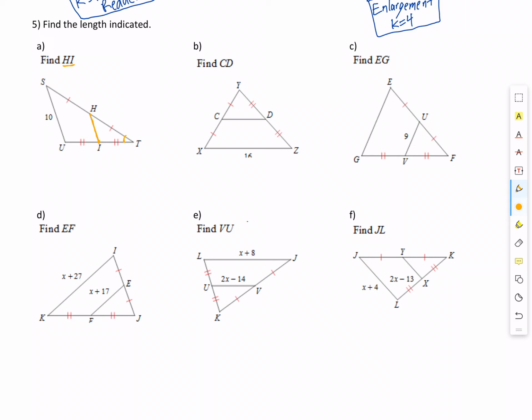And since these points are along the same line, that angle is going to be the same, and this angle is going to be the same. So that's how we know they're similar, as long as they're along the same line. So we could write this, that triangle TUS is similar to triangle TIH.